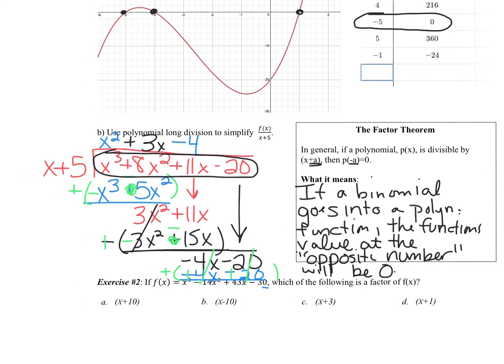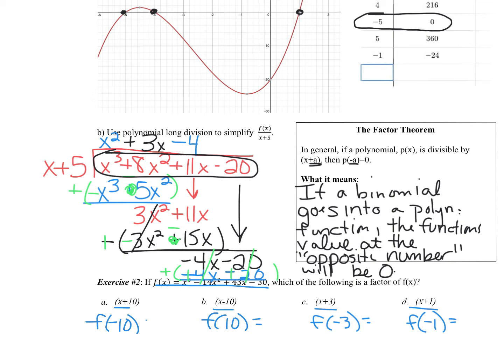We could try polynomial long division, by this, and by this, and by that, and that would take a really long time. But the point is you can just look at the graph of this function and look in a table at the opposite values. So for this one, we would look at f of negative 10, this one at f of positive 10, f of negative 3, and f of negative 1. And the one that gives us 0, that's the factor.